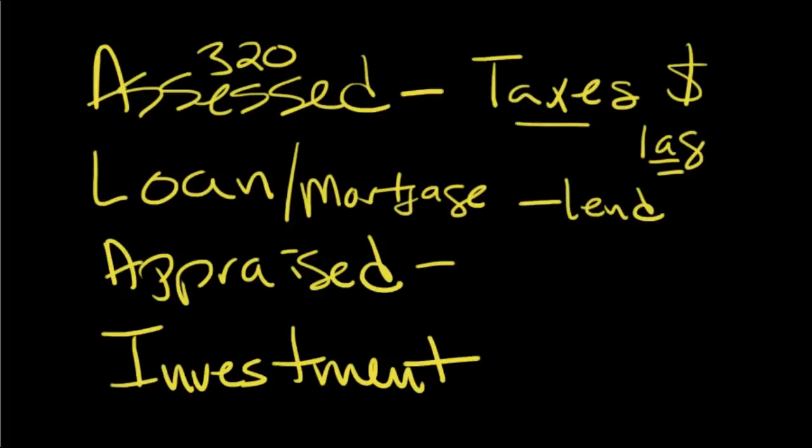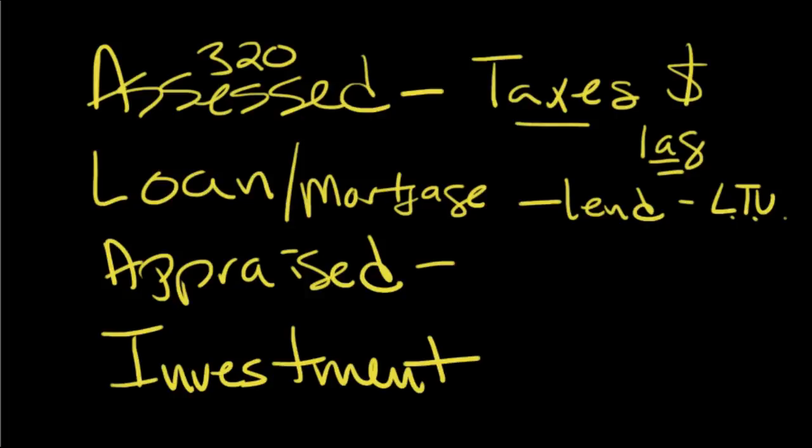The bank looks at it a little bit differently in terms of risk, and they're going to be looking at something called LTV, which we're going to get into in the math section of the book. Loan to value. So we'll talk more about LTV later, but obviously there's a loan value. It's the amount that the lender would be willing to lend on the property.